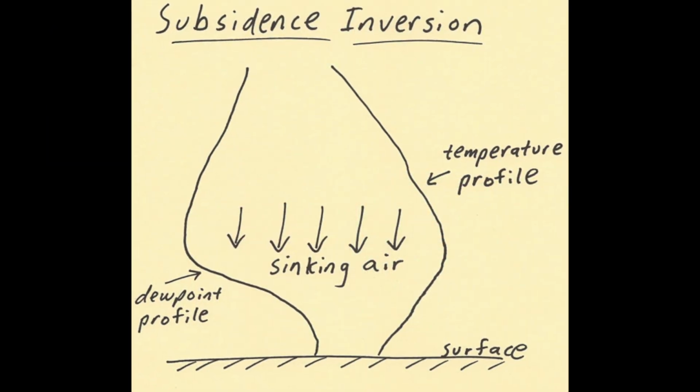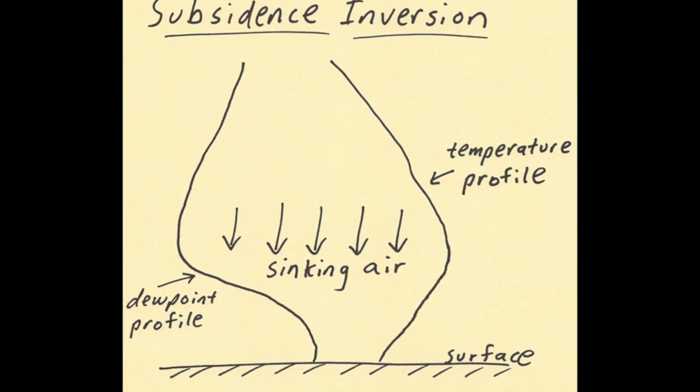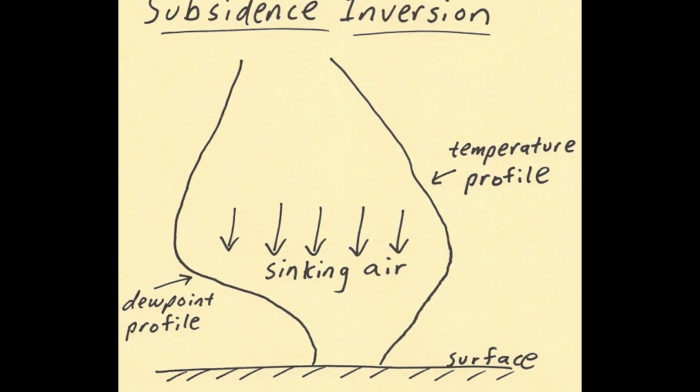Subsidence inversions are of common occurrence in regions of higher pressure that are characterized by sinking air. There are circumstances in which, during the night, two inversion layers may develop in the high pressure regions, one at the ground produced by radiational cooling and the other at considerable altitude produced by subsidence.